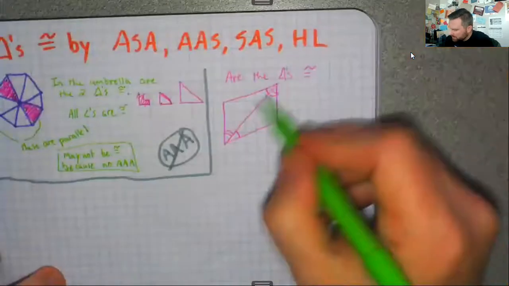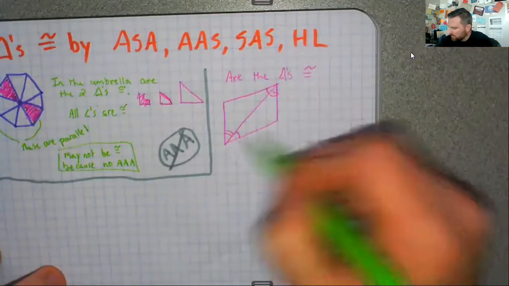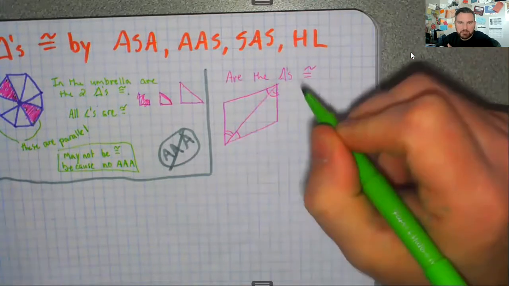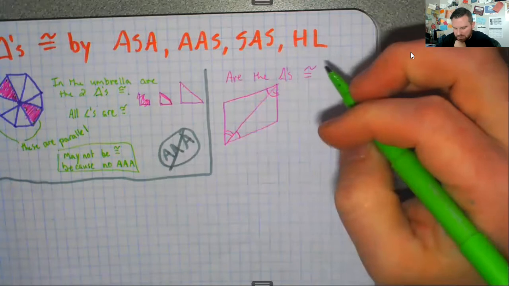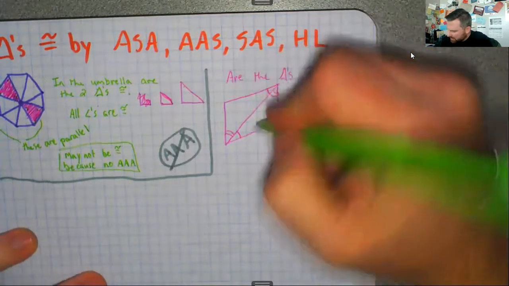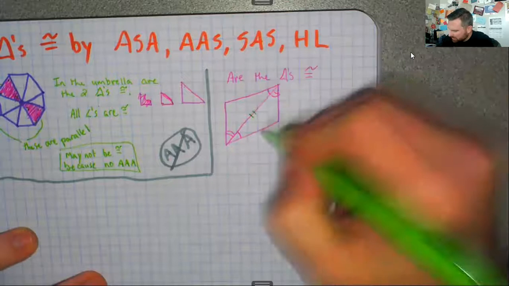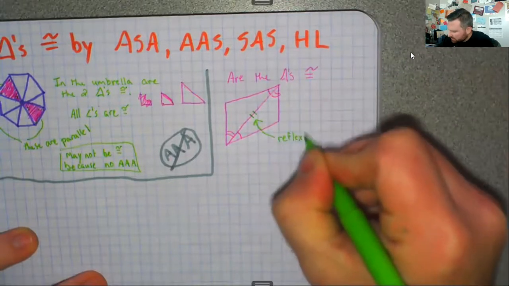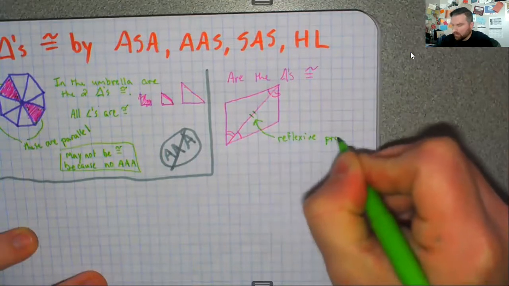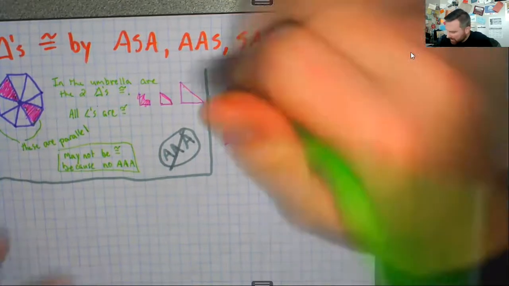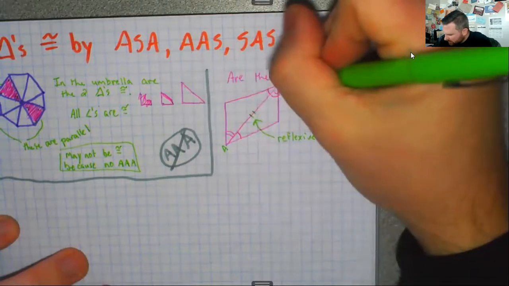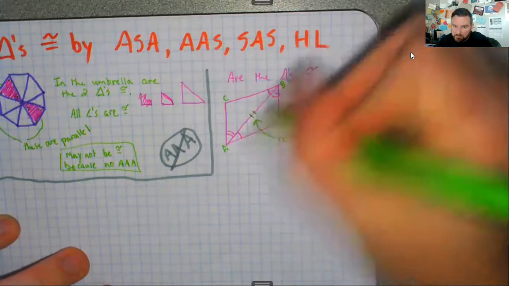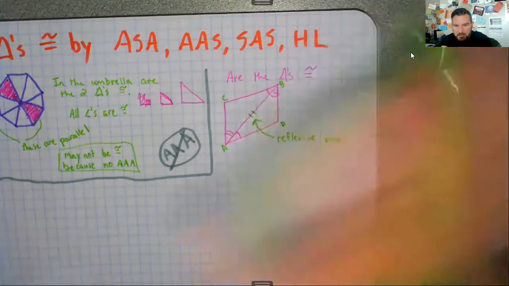I have this triangle up here, and I have this triangle down here. Now, this side right here, both of the triangles share. Okay, we've talked about this before, that if they share a side, that side has to be congruent, and that was the reflexive property. Whatever that is, if that is like A, B, C, and D, AB is congruent to BA. Okay, they're the same in each triangle.